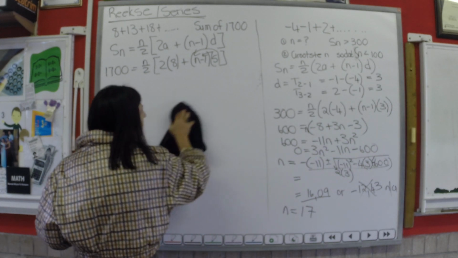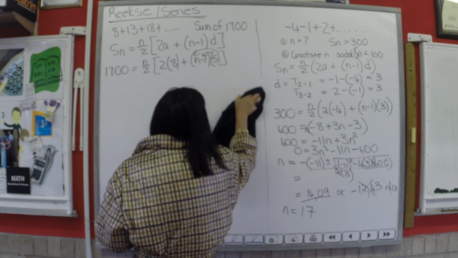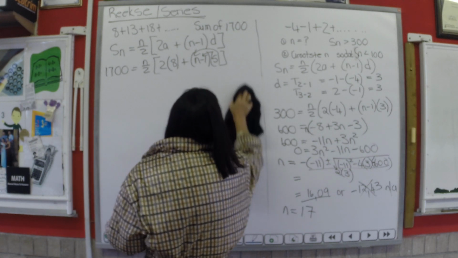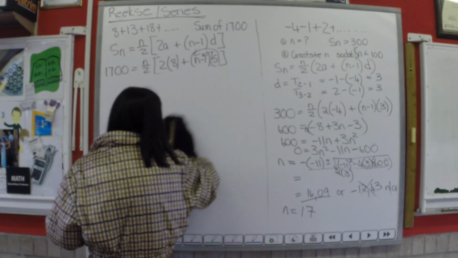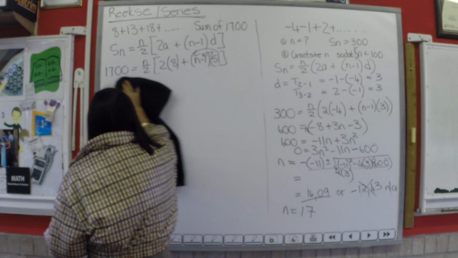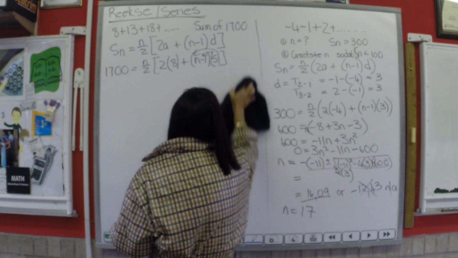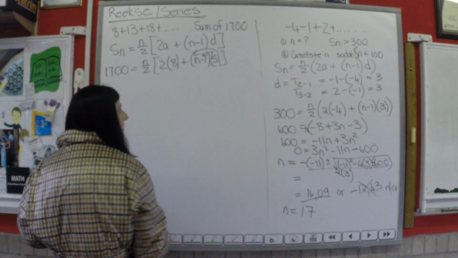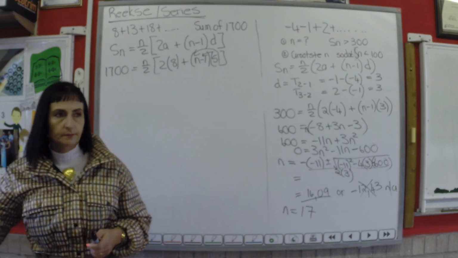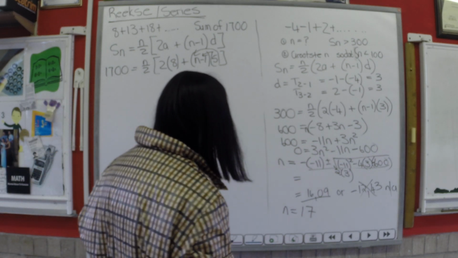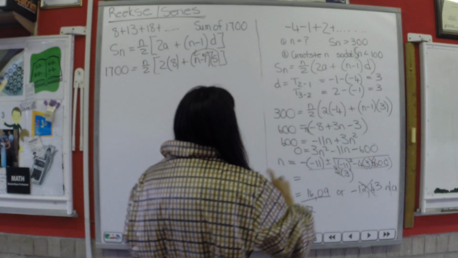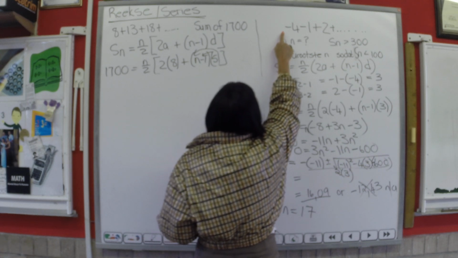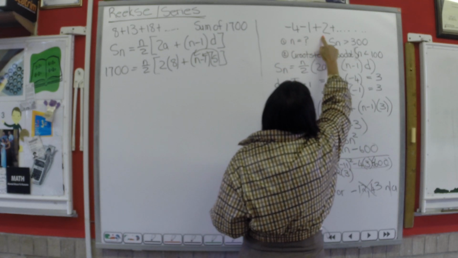Biggest position of a term, so that the sum of the series will be smaller than 100. Die grootste n waar die som van die rekenkundige reeks kleiner gaan wees as 100. Goed. So ek gaan nou weer my SN presies kies op 100. En ek kan sien dat elke keer die term wat bykom word groter.